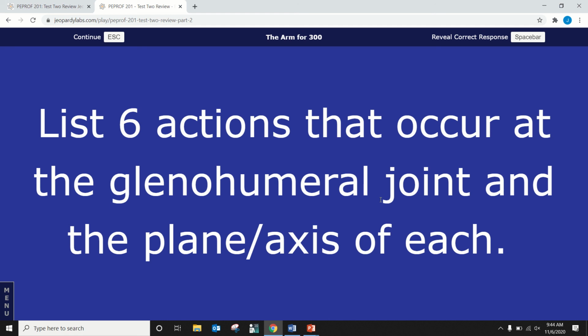Yep. So good. So you can do also abduction, which is in the frontal plane, the z-axis, and the transverse or horizontal plane, and the y-axis.